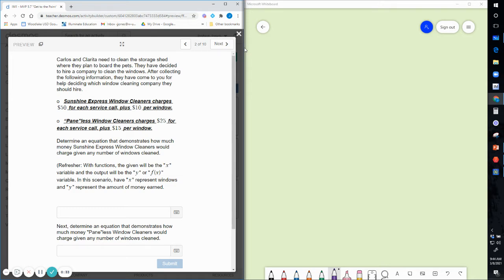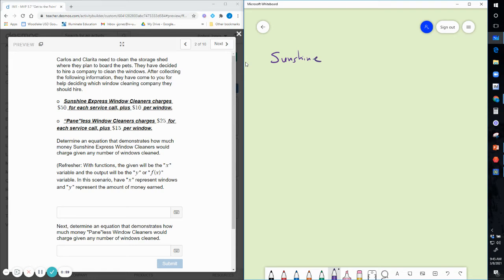So Carlos and Clarita need to clean the storage shed where they plan to board the pets. They have decided to hire a company to clean the windows. After collecting the following info, they have come to you for help deciding which window cleaning company they should hire. So there's two companies, Sunshine Express Window Cleaning. Okay, Sunshine.